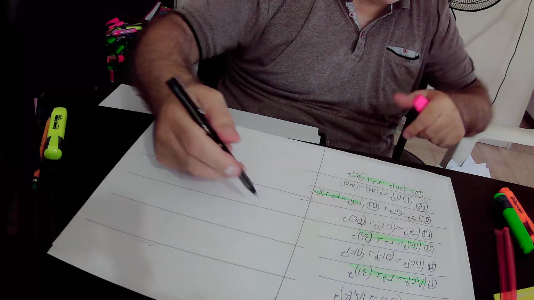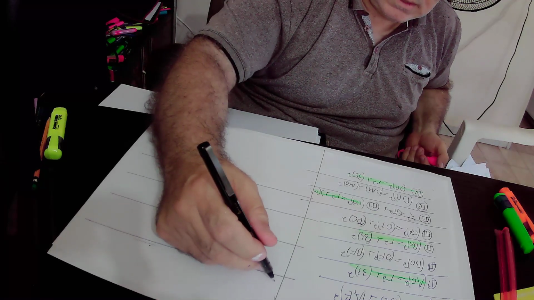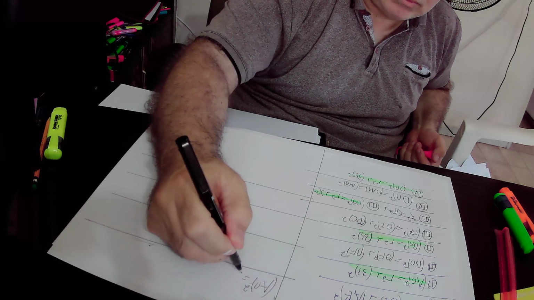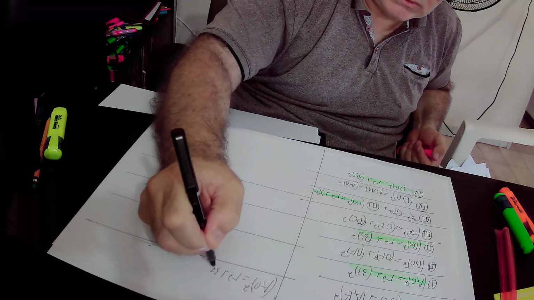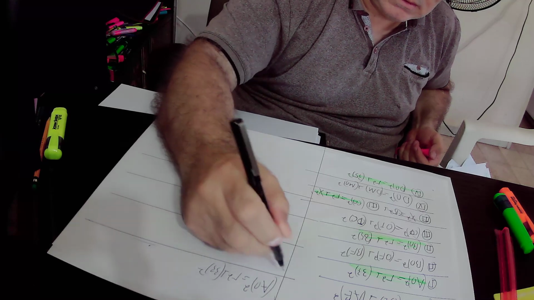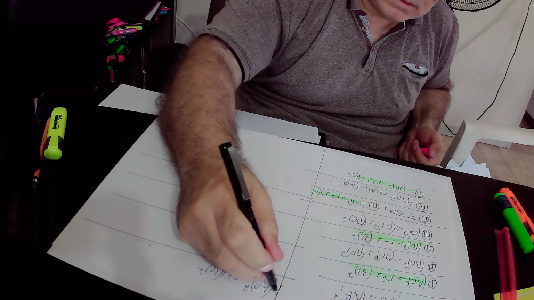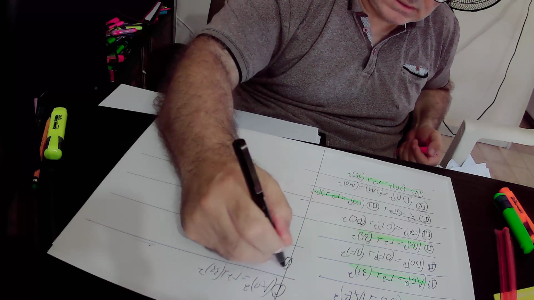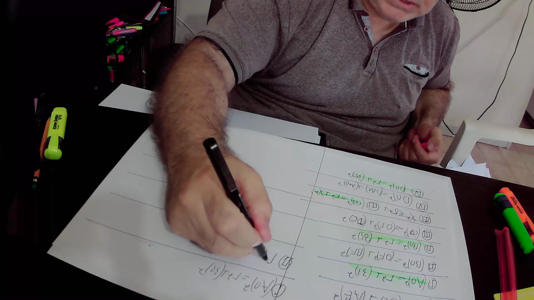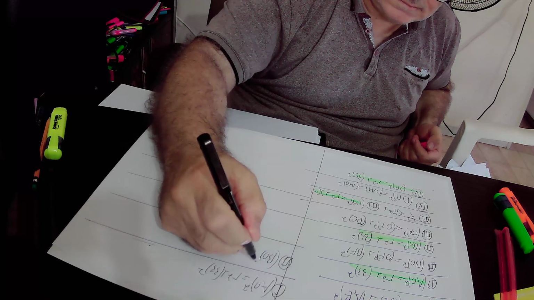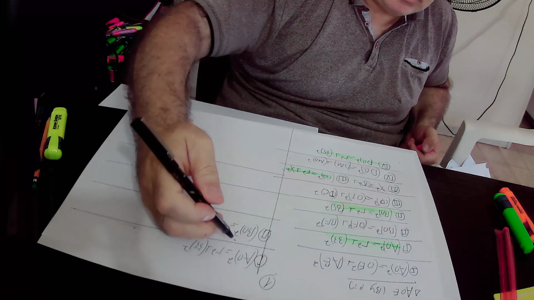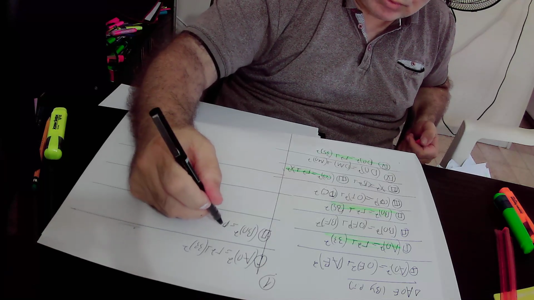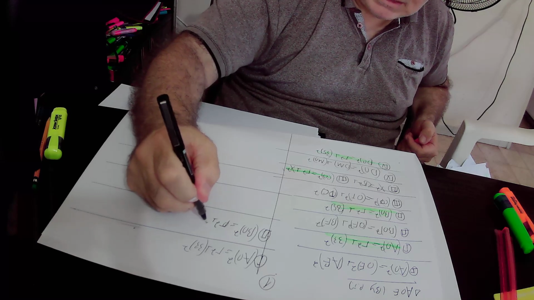The first equation is that AO square equals r square plus 33 square. The second equation is that BO square equals r square plus 85 square.